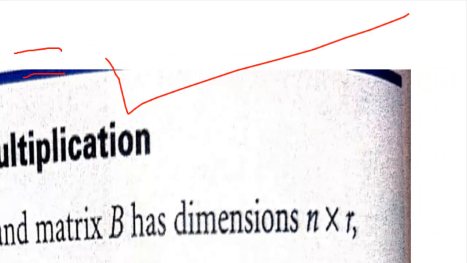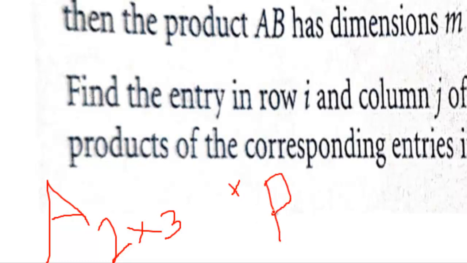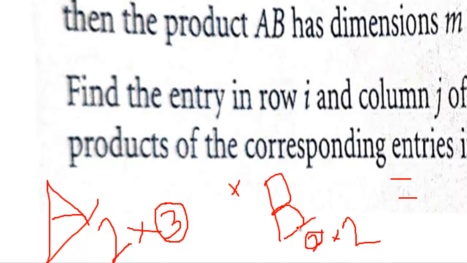If they are not equal, like A here, whose system is 2 times 3, multiplied by B, which equals 2 times 2. The second number of the first matrix is 3. The first number of the second matrix is 2. So 2 does not equal 3, so the multiplication here cannot be done.